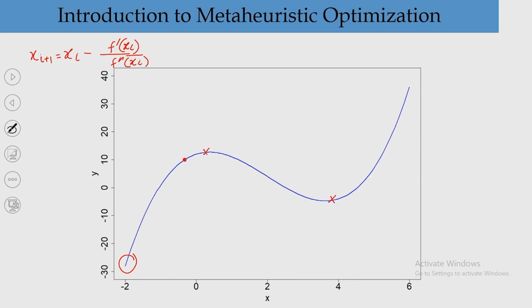In the second iteration I am getting this point, in the third iteration I am getting this point, in the fourth iteration I am getting this point. So, finally, I am getting this solution. So, this is one x star, or you can say this is a stationary point and this is a maximum point. So, this is one solution of this particular function.